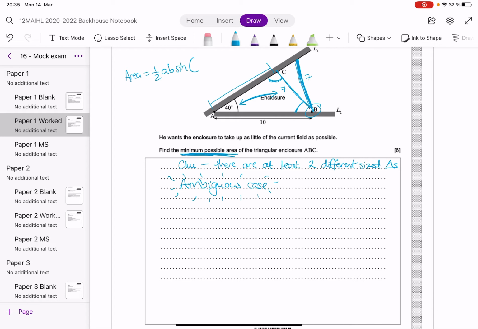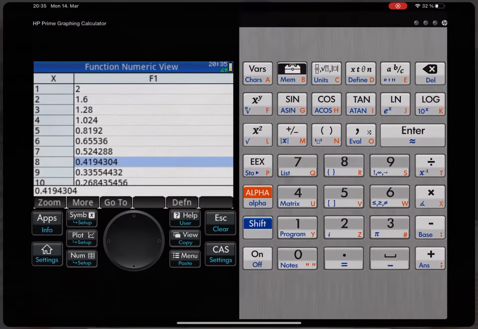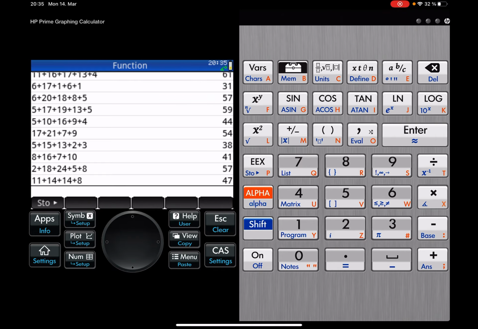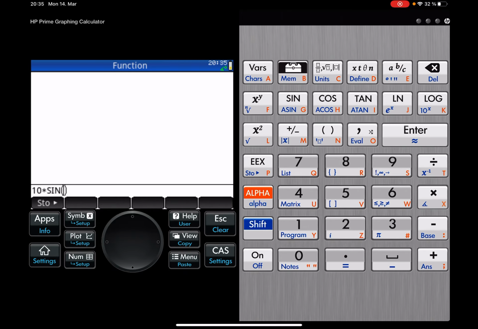We're finding an angle. So if you need to, check your formula guide. Sine 40 over 7 equals sine C over 10. So calculated to find C, we're in degrees. I'm going to do 10 times sine 40 divided by 7.